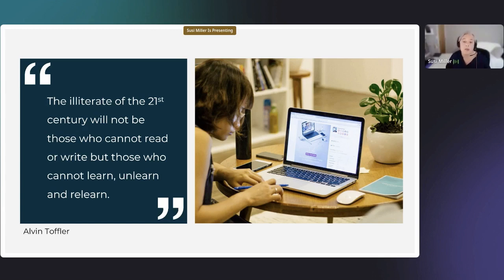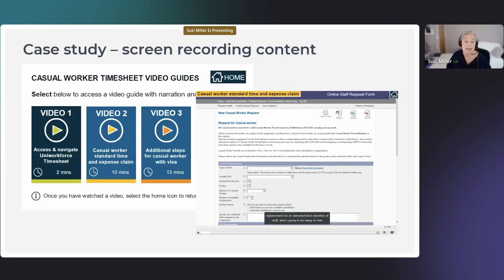So to give you an example of what that can look like, this is a case study from my work with the L&D team of a government client. And it demonstrates how accessibility training had a positive impact on the screen recording content in their learning resources. So the department created a lot of instructional videos on how to use systems. Before their accessibility training, a lot of those screen recordings were created without a great deal of preparation.